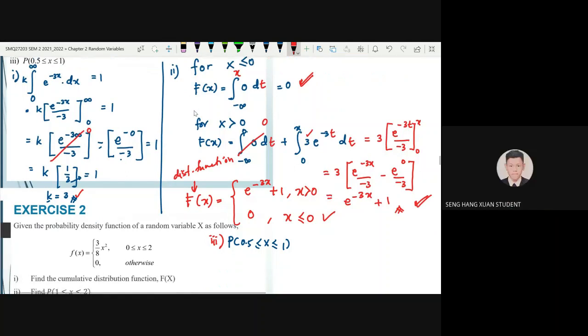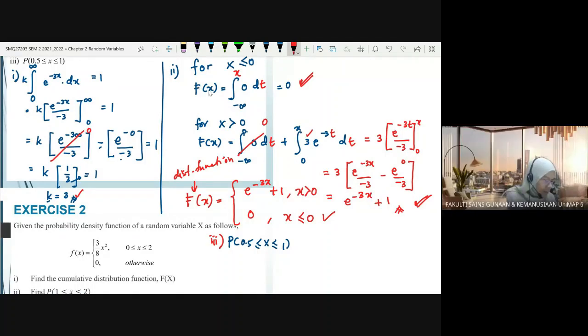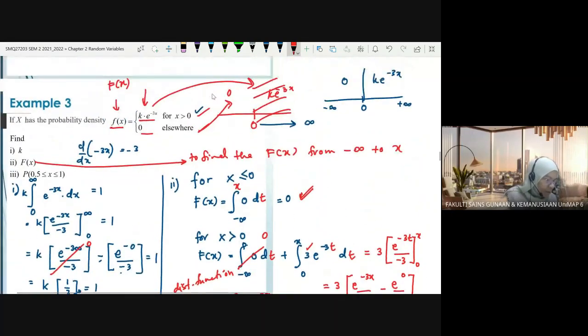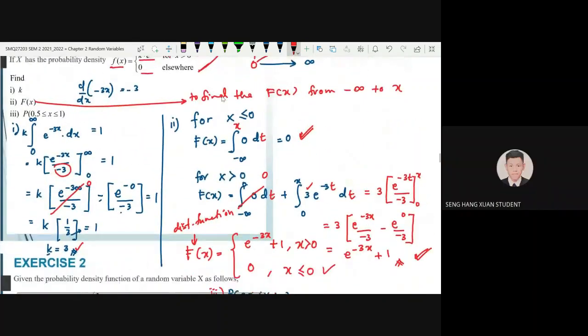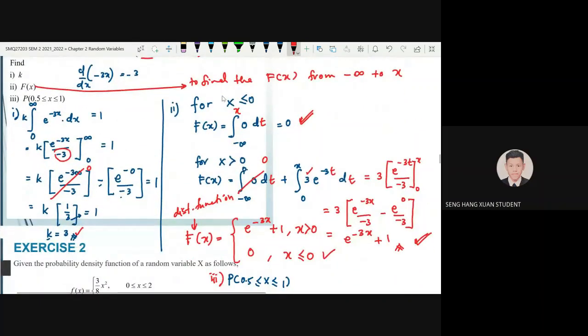Doctor, is it supposed to have a negative before the exponential? No negative here, because the negative is already taken into this part. Remember, we differentiate. The right lower portion.